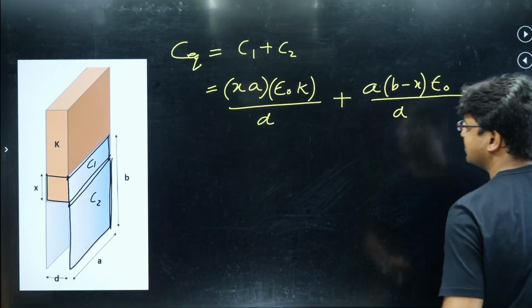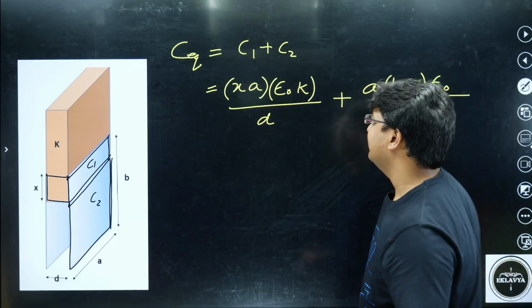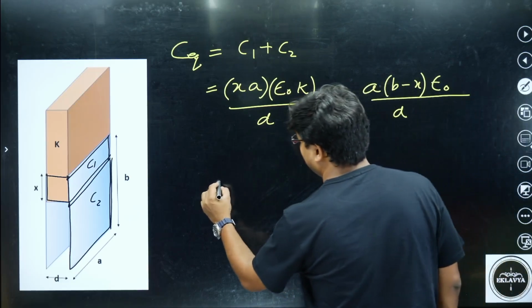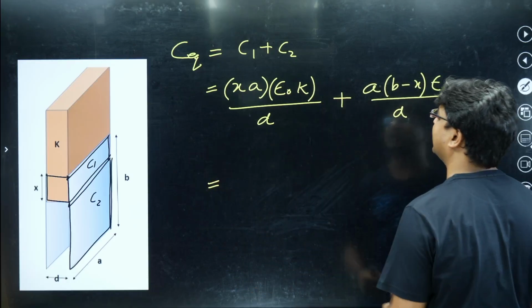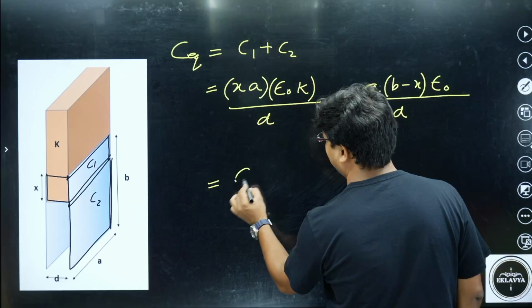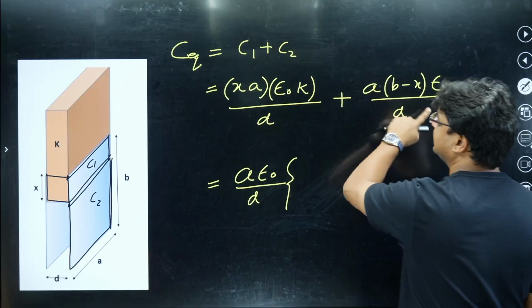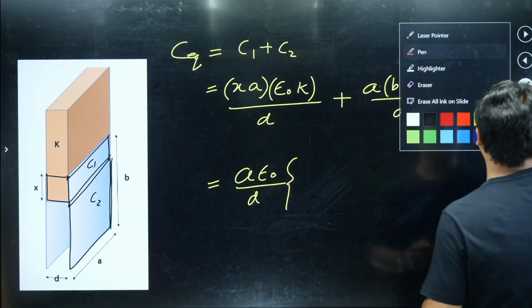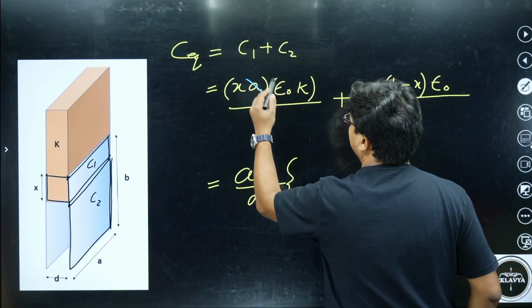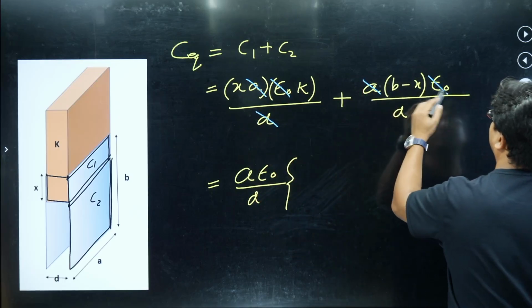Okay, so this is the capacitance that we are getting, and now I plan to collect the terms involving X together. In fact, I see A epsilon naught by D as the common quantity in both these terms. So whatever I am taking out as common quantity, let me strike it out from here so that I don't commit a mistake.